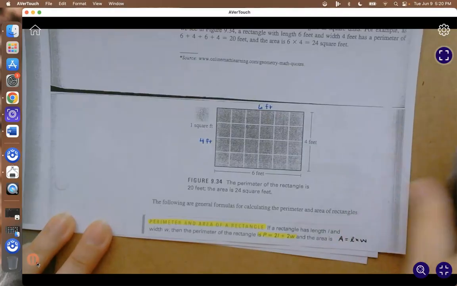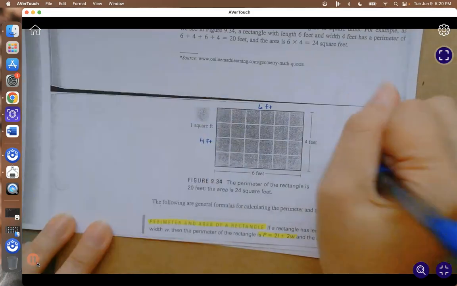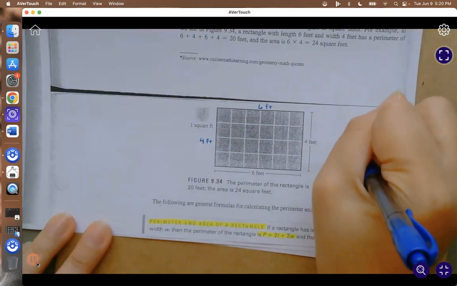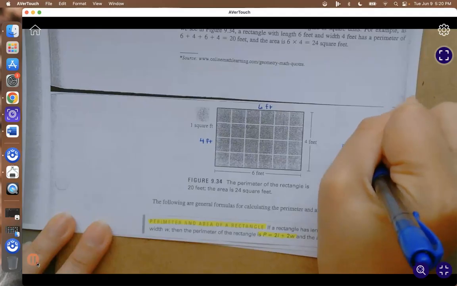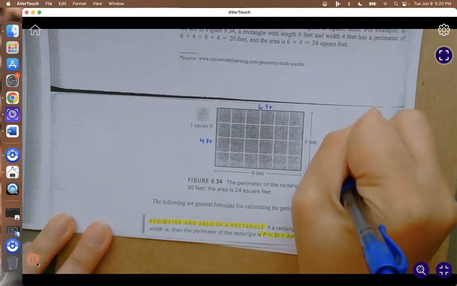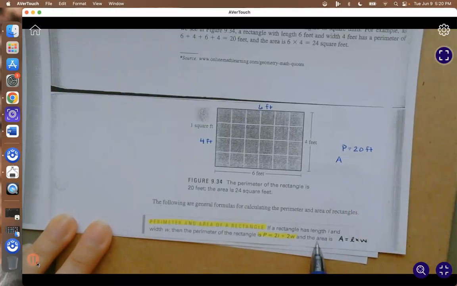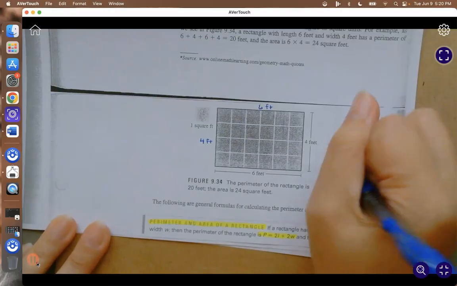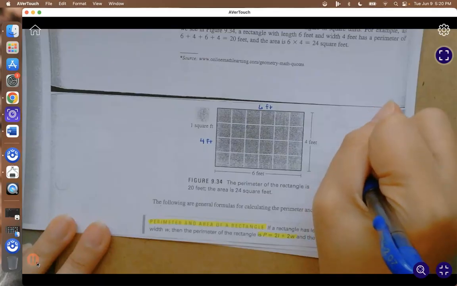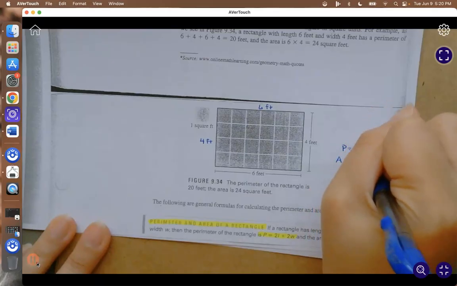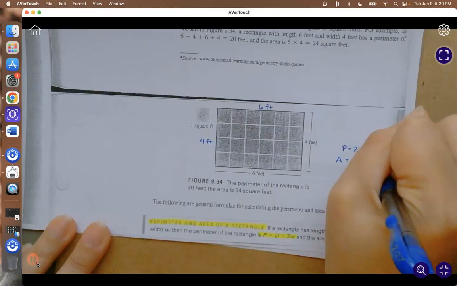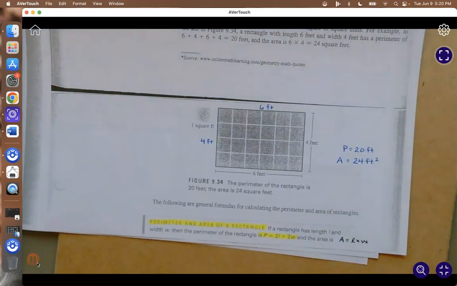So as we said, perimeter is 20 feet. Area deals in square units, so it's going to be 6 times 4 is 24 square feet. Okay, and that's how that works.